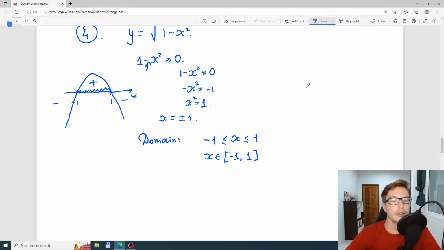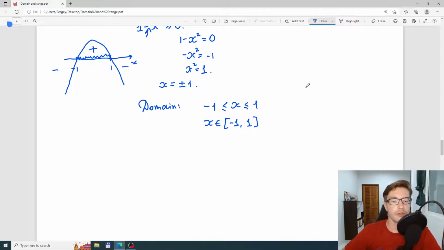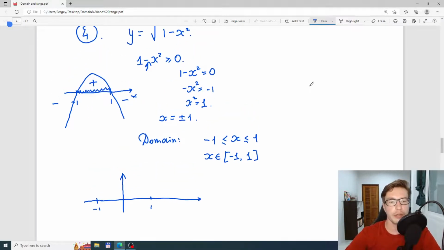Okay, now let's draw the sketch of this graph to find the range of the function. Now we know that x values should be in between minus 1 and 1. When we substitute 1 or minus 1, we will get 0.